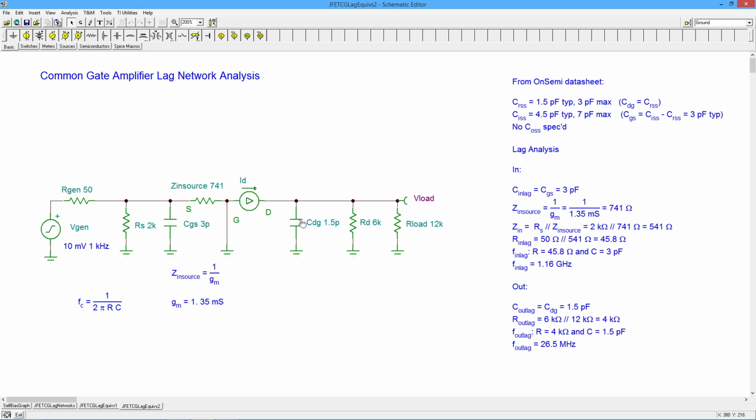network. 1.5 picofarads. We took the 6 and the 12 in parallel and got 4. Use those two, we get 26.5 megahertz. So this is a more realistic number. And in fact, typically, unless you have some kind of odd circuit, this is closer to the reality you're going to see.